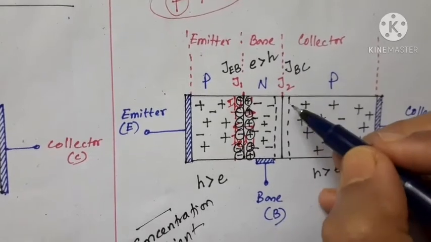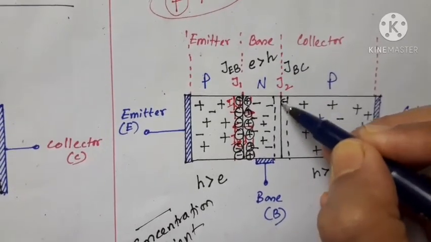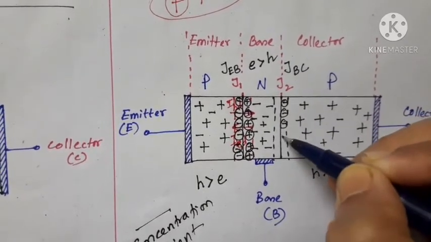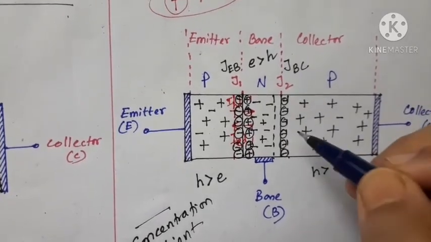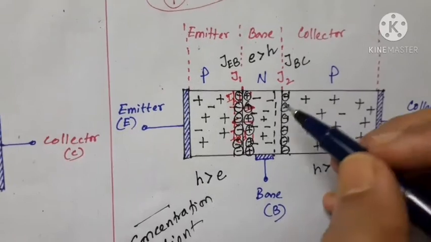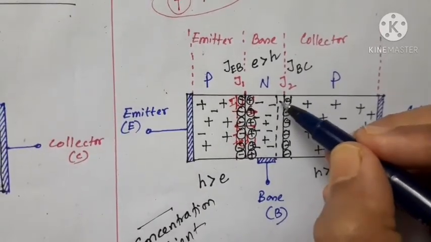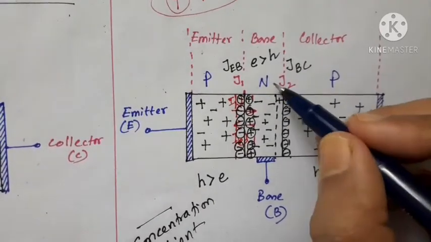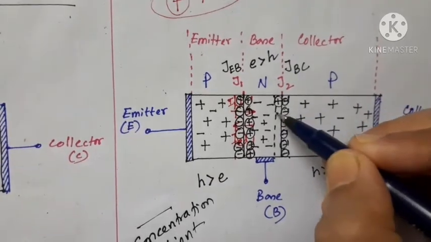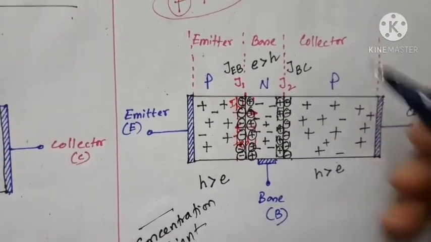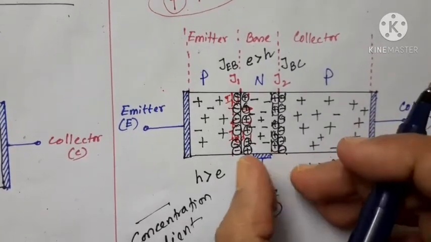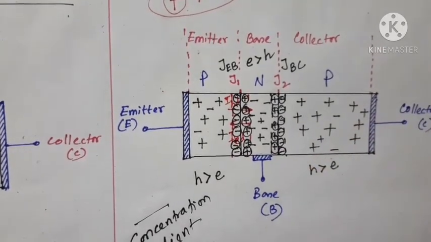On the side of the p-type material there will be negatively charged immobile ions. These are not electrons, these are immobile ions accumulating here, getting stored here. And on the n-type side positively charged immobile ions will accumulate, on either side of the junctions.